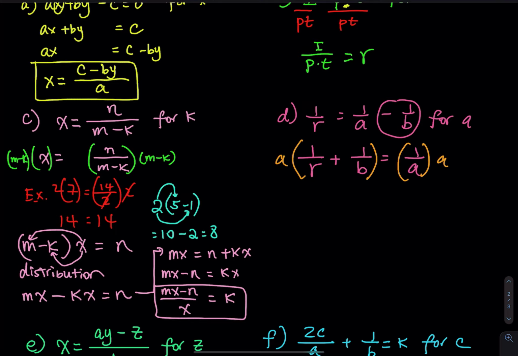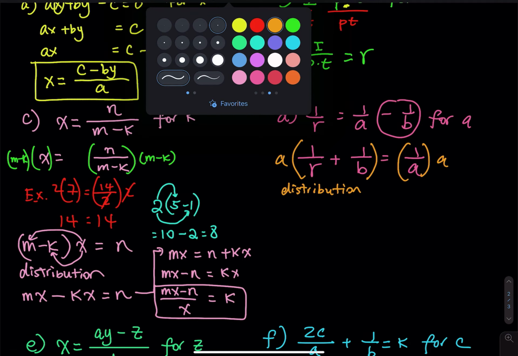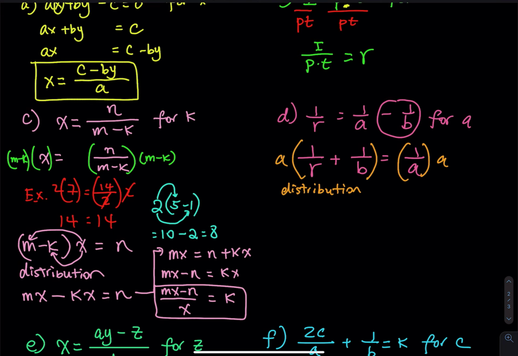And then you have a distribution right here. So you have to take a times 1 over r and then plus a times 1 over b. So that will be a times 1 over r is a over r, and then plus a times 1 over b, that is a over b, equals to, this a cancels with a, so we have a 1.